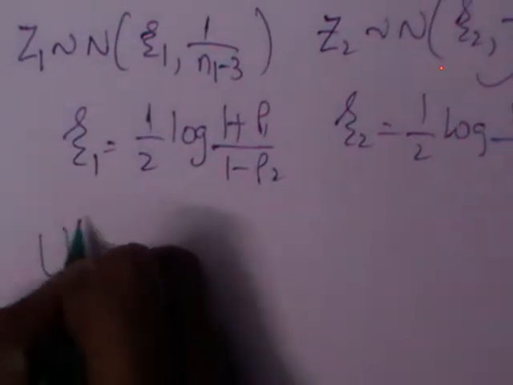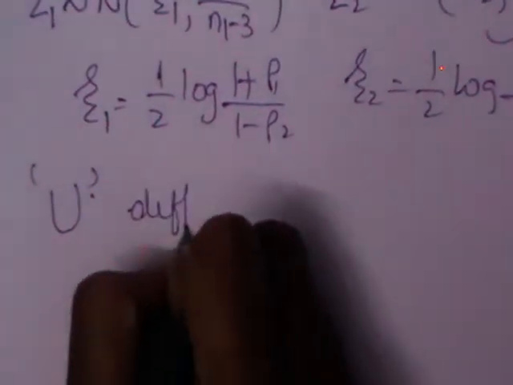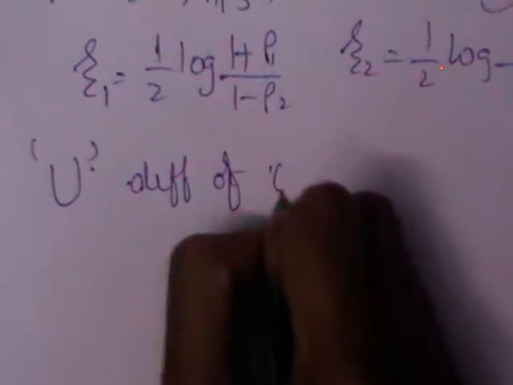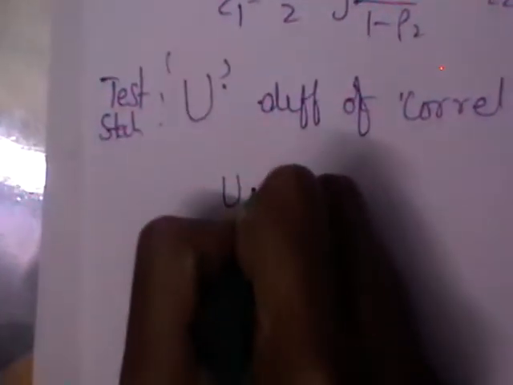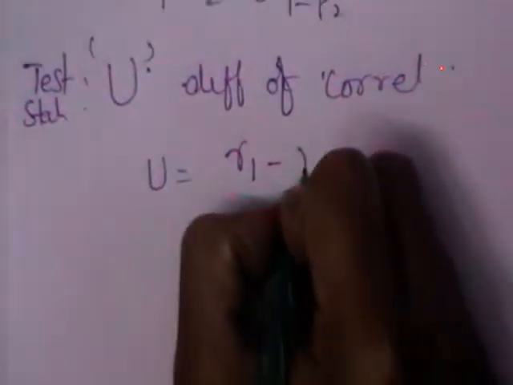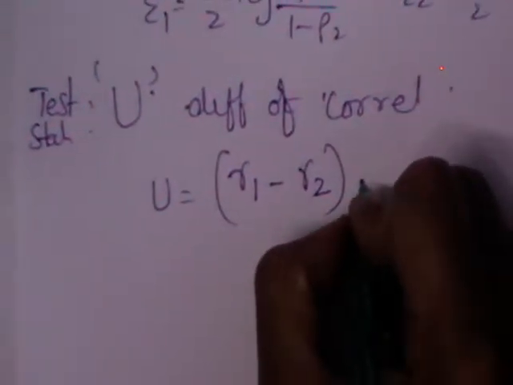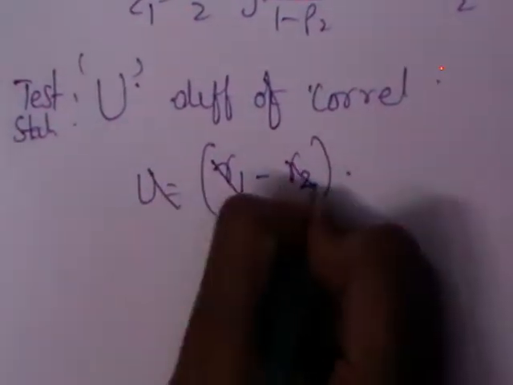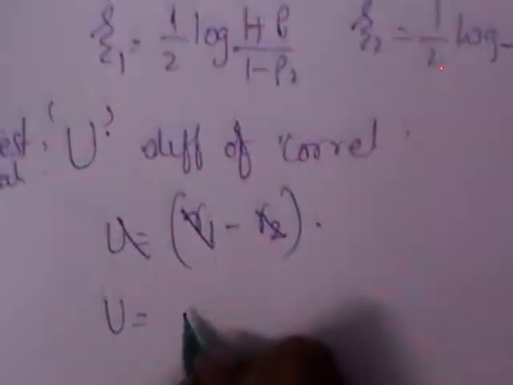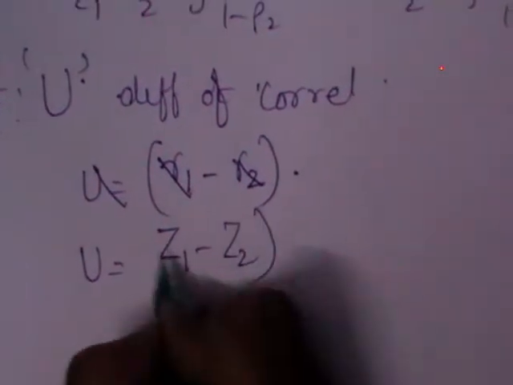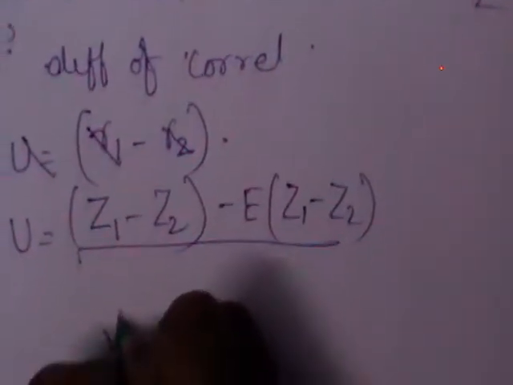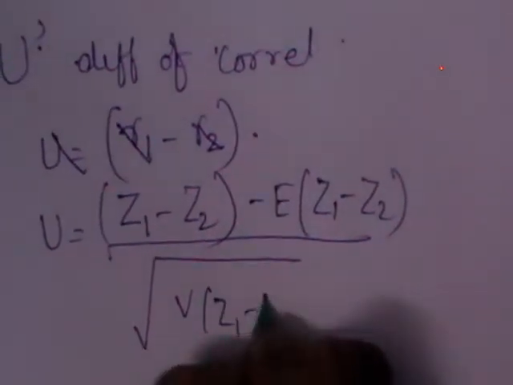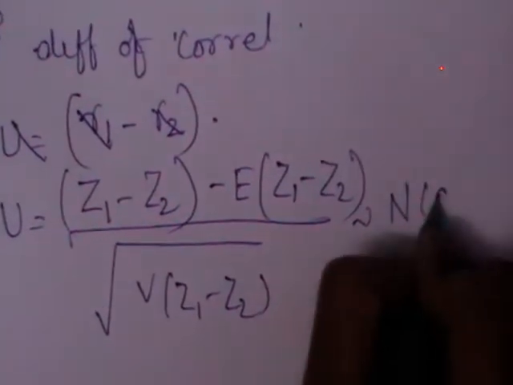Then the test statistic corresponding to the difference of correlation coefficients: U is equal to, not r1, sorry, a transformation, Z1 minus Z2 minus expectation of (Z1 minus Z2), by root over variance of (Z1 minus Z2), follows N(0,1).